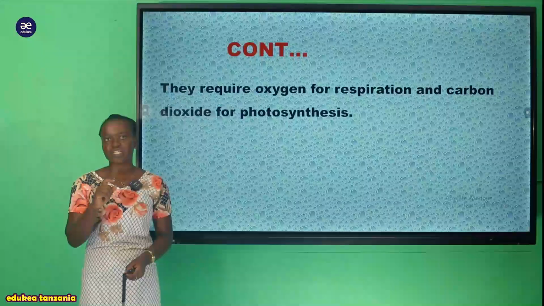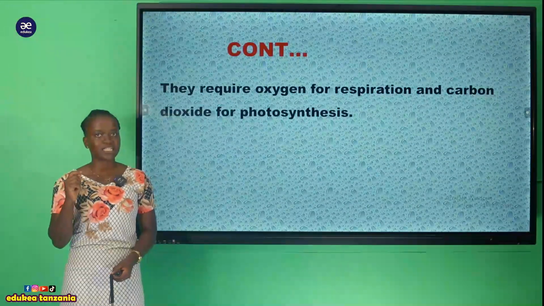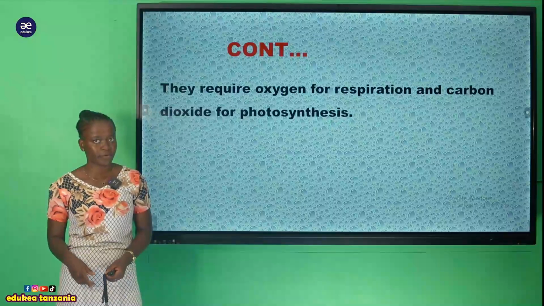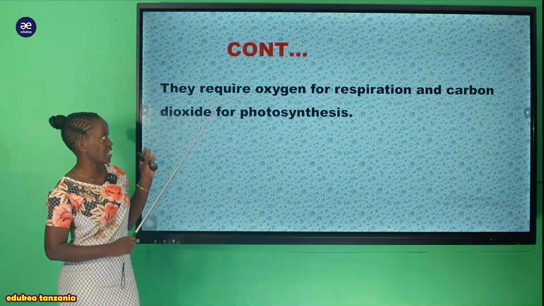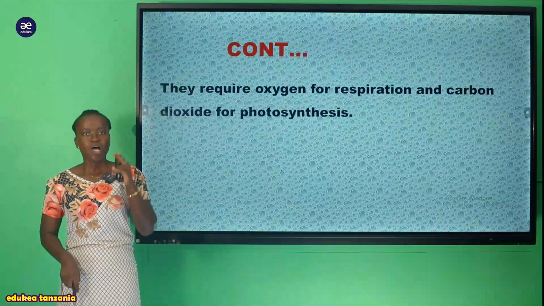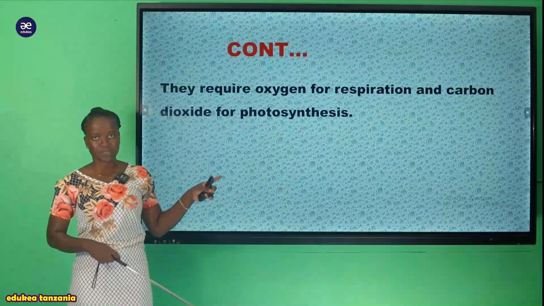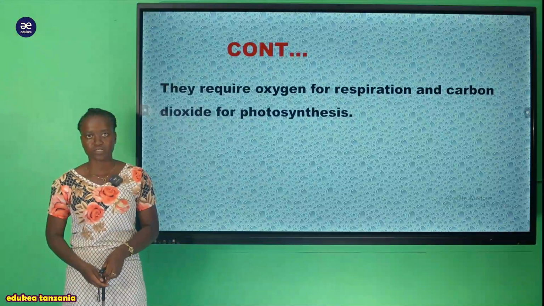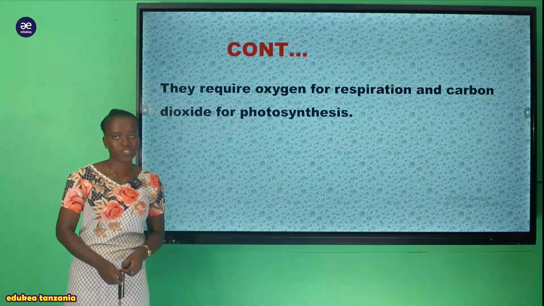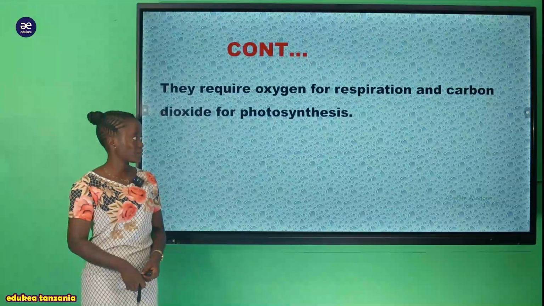You know that respiration is just a process that aims to provide energy in the form of ATP to a living body. So here you can see it requires oxygen for respiration, but also it requires the presence of carbon dioxide in order to accomplish photosynthesis, since photosynthesis demands the presence of carbon dioxide.